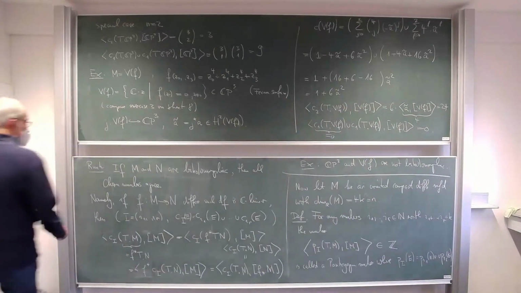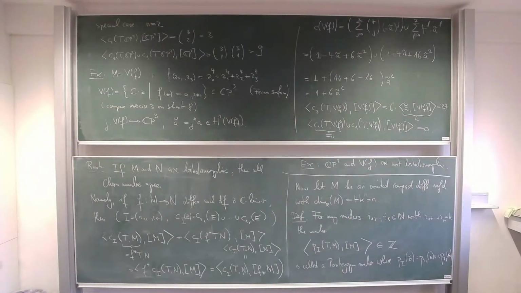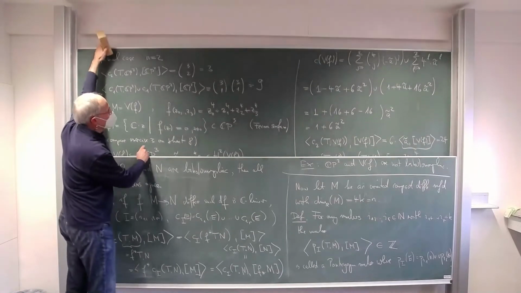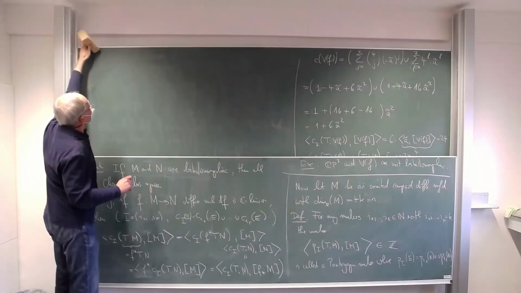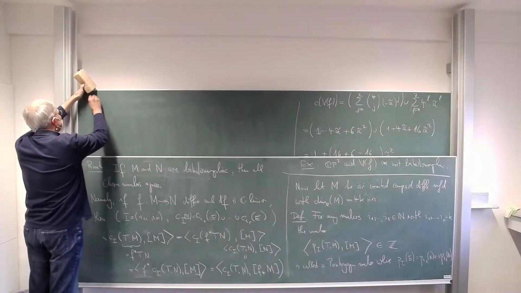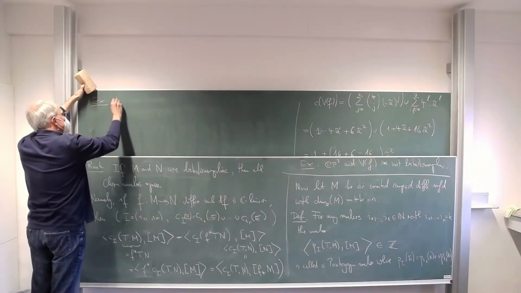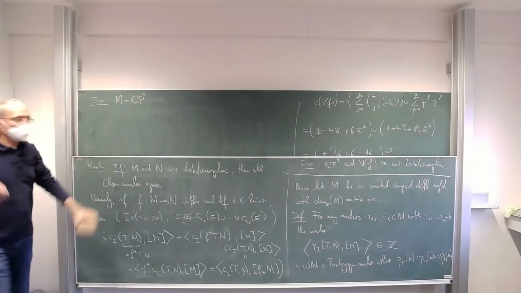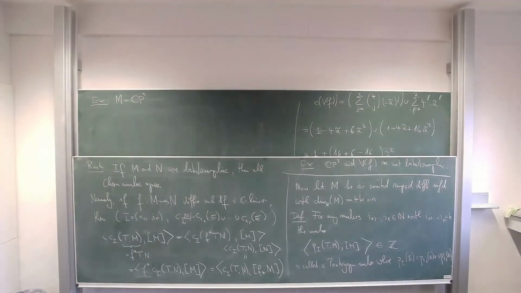So let's look at our examples again. M equals CP^n. And actually this works only for even n, right? Because only then the real dimension is divisible by 4.